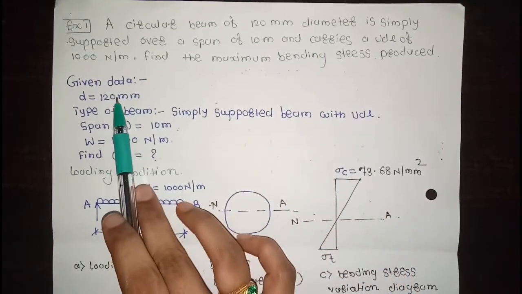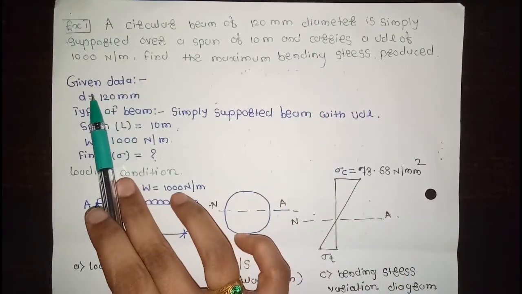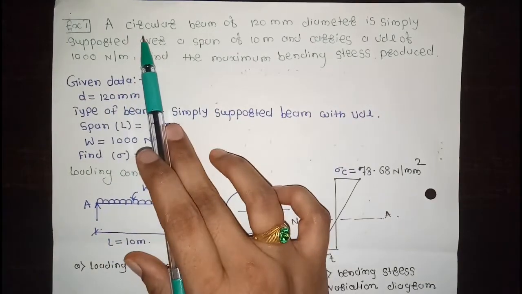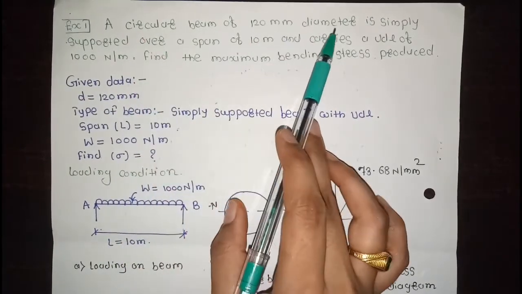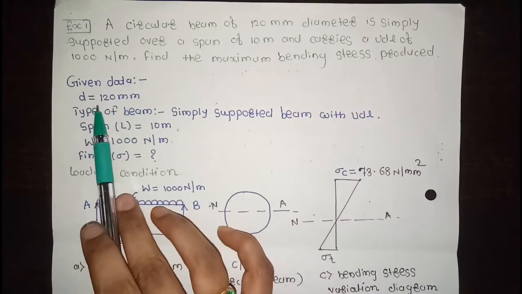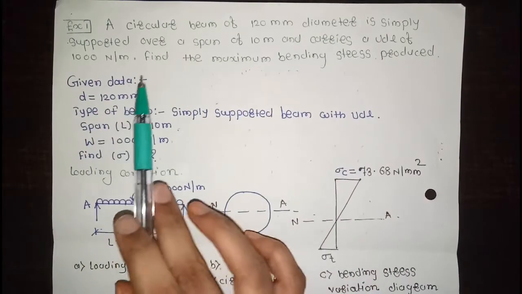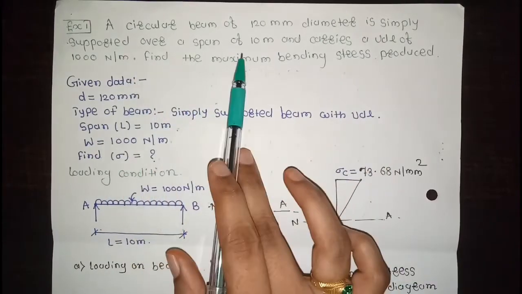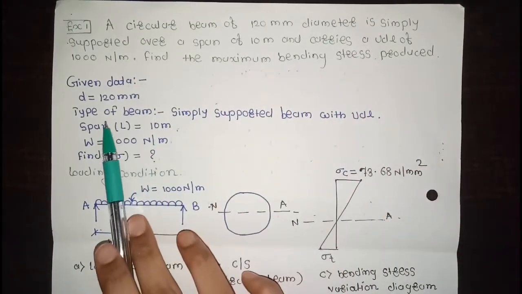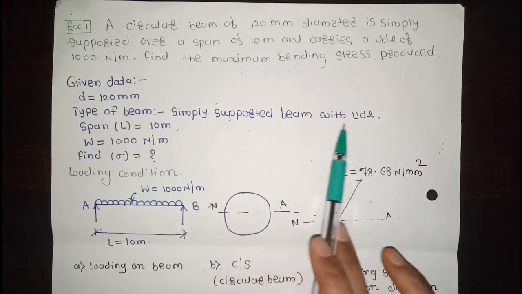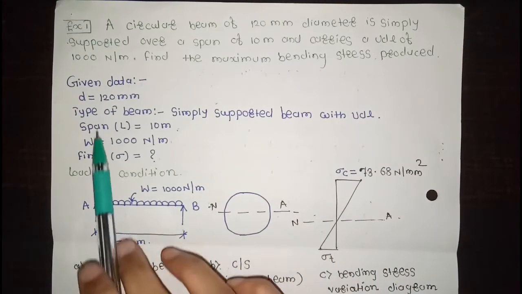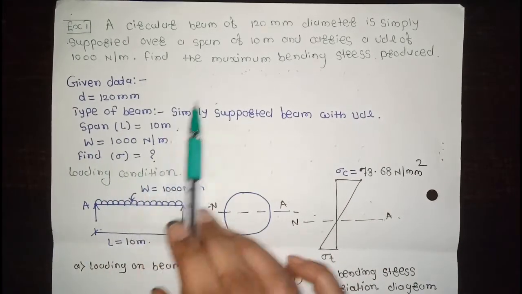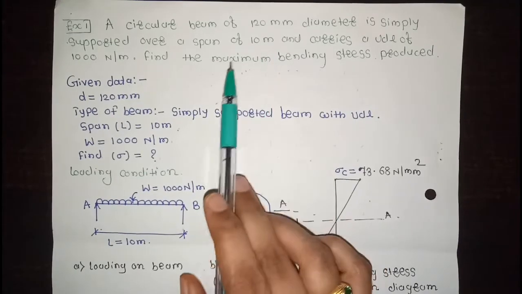Okay, first of all, write the given data. A circular beam of 120 mm diameter means d is equal to 120 mm. Type of beam: simply supported beam with UDL. Span L is equal to 10 meter.